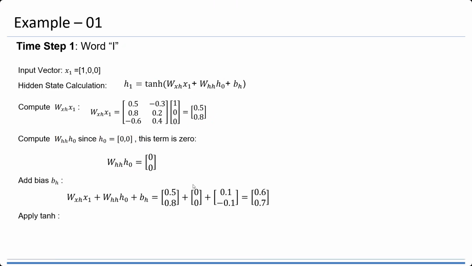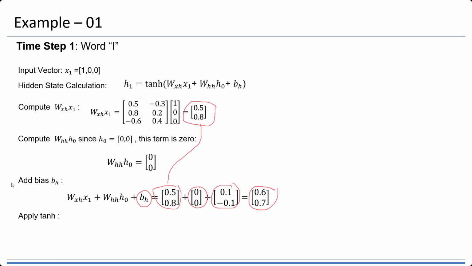If we do with all calculation, okay, so we got this value from here. So I will update later about this one. Plus 0.0, and then plus the bias. So the bias is from this 0.1, 0.1. Then we got the result 0.6 and 0.7.